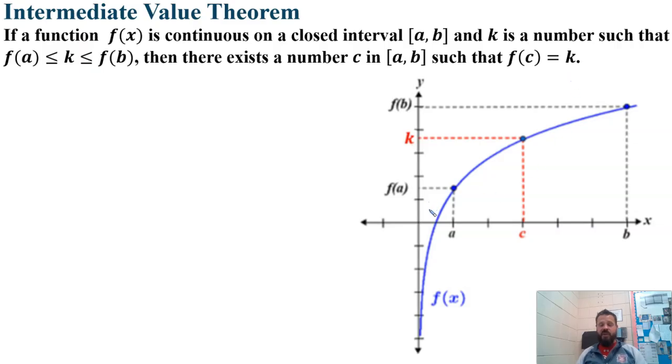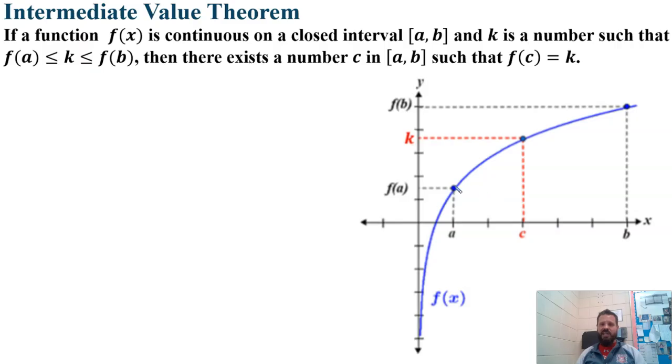All right, so again, if f of x is continuous and k is between f of a and f of b, that means there has to be some value between a and b, that gives us that value c here. Okay, that's my theorem. We're not going to go through a formal proof of it. It's kind of common sense.